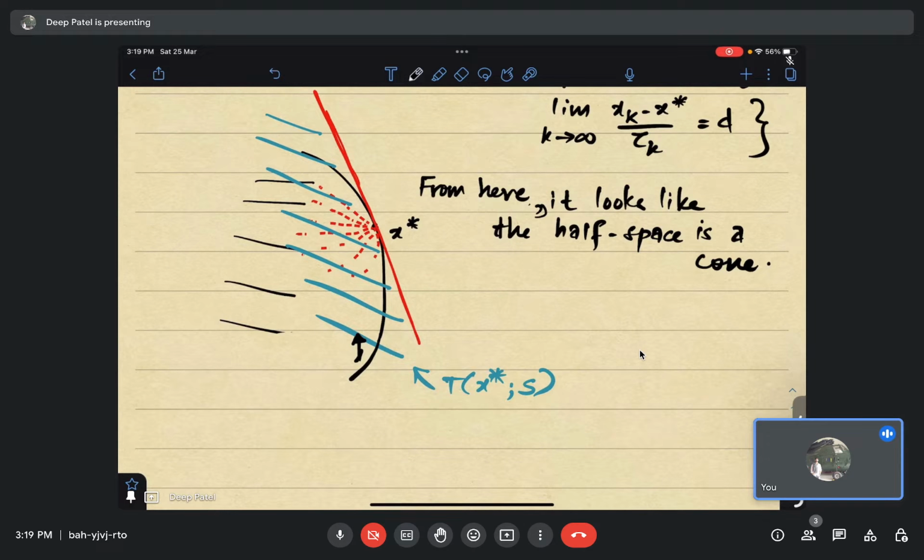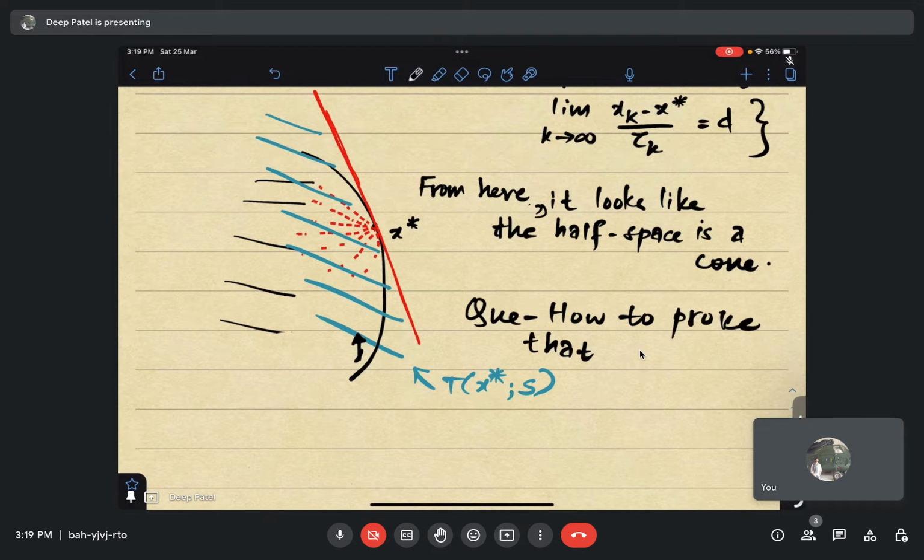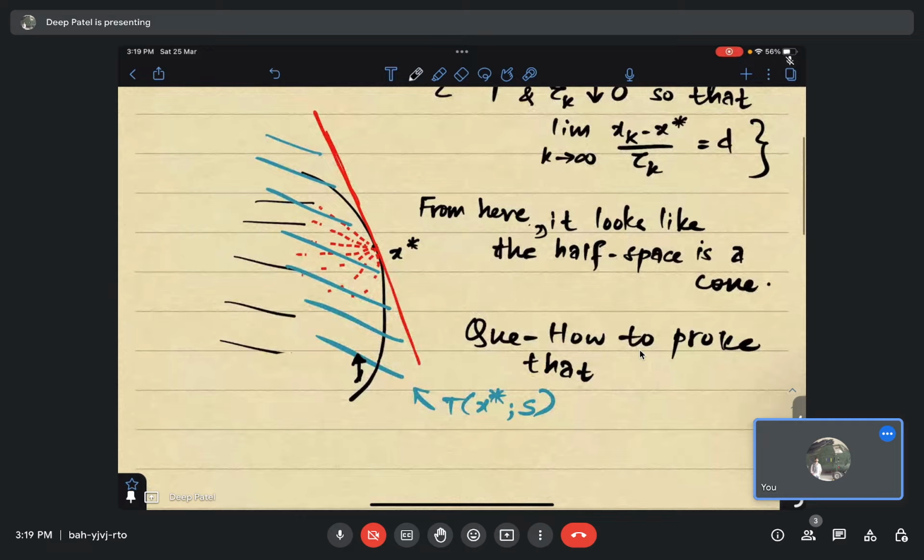So let me state this. How to prove that this is indeed true? How would you try to write it?